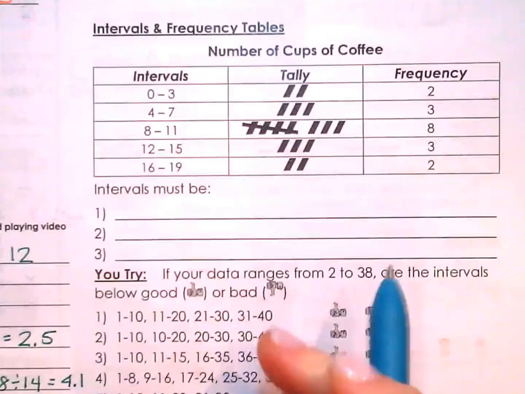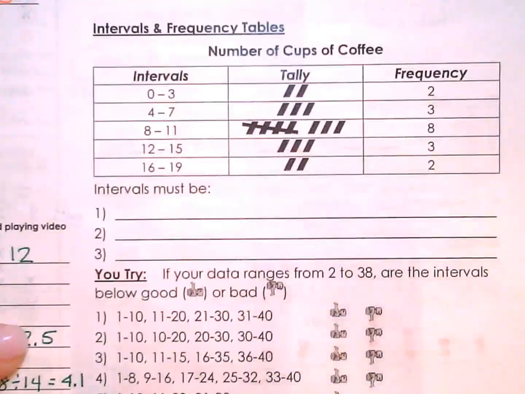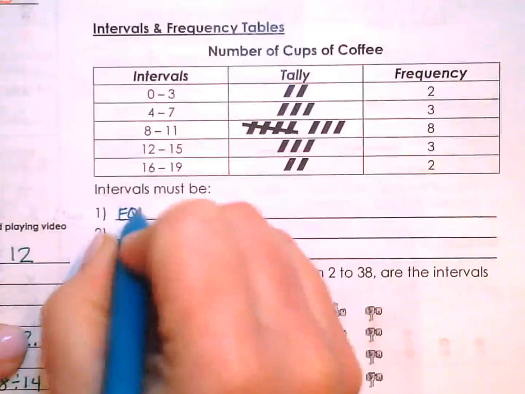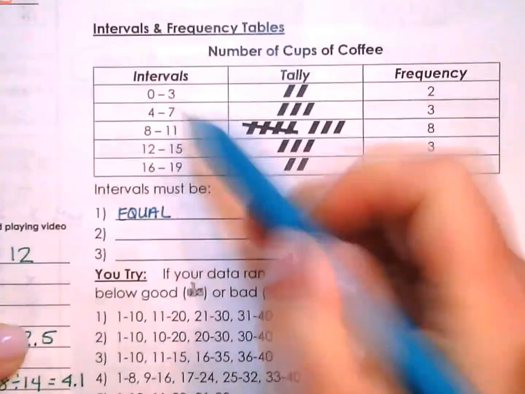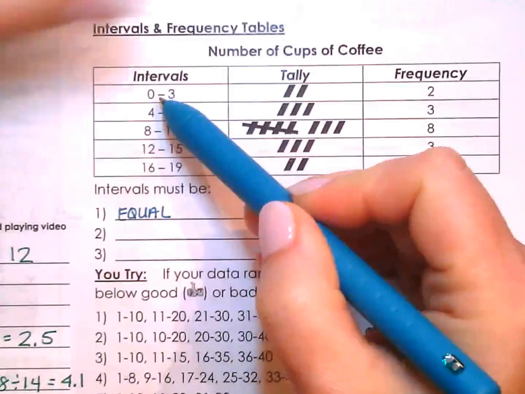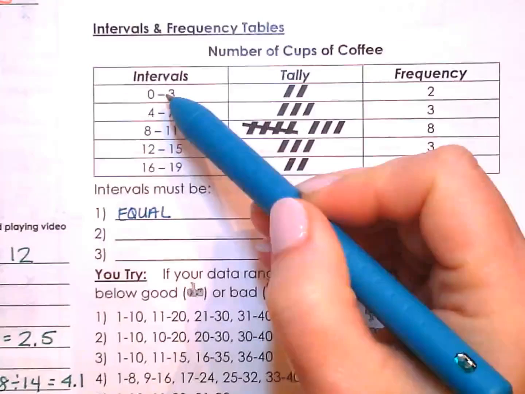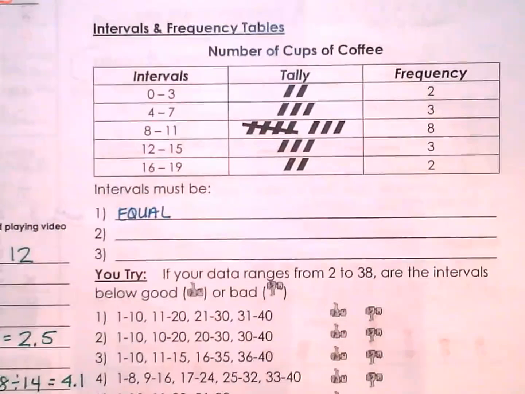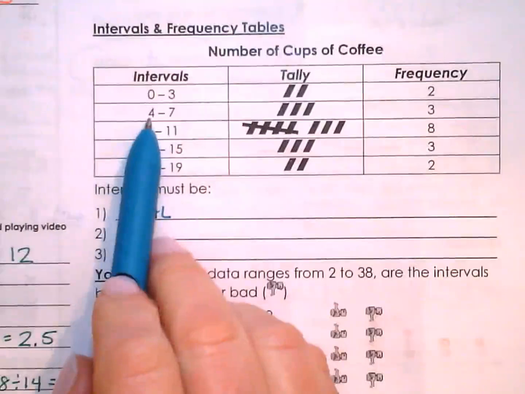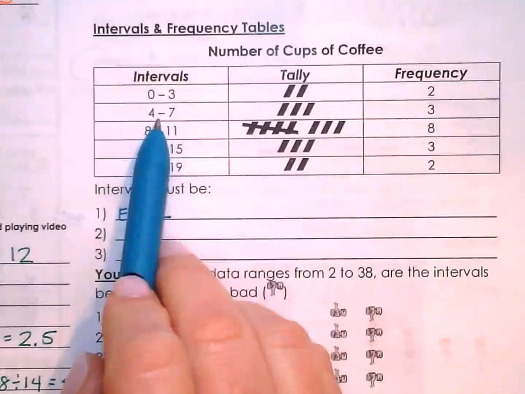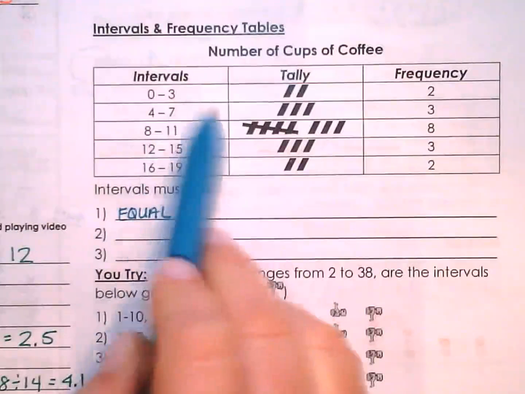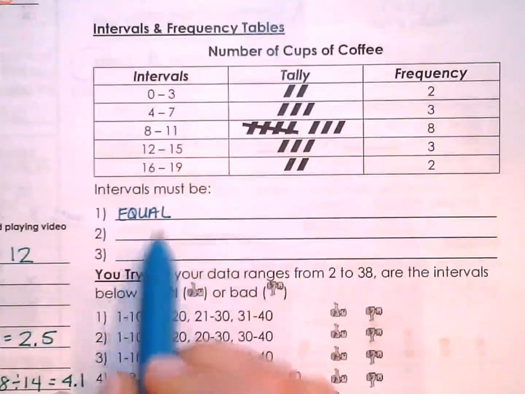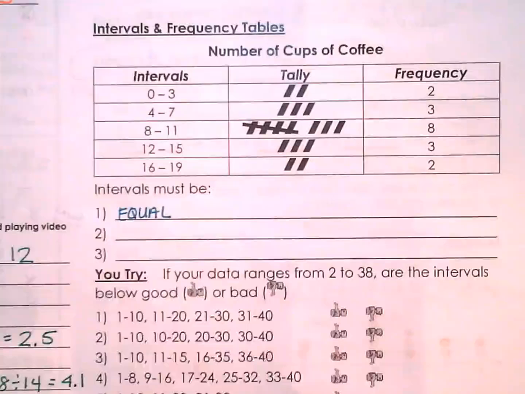When we're determining intervals for a frequency table, we have 3 criteria. One, they have to be equal. So if you notice here, you've got 0, 1, 2, 3. There are 4 different numbers that fall in that category. In the second group, you've got 4, 5, 6, and 7. There are 4 different responses that could fall in that section, etc. So all of the intervals must be equal.